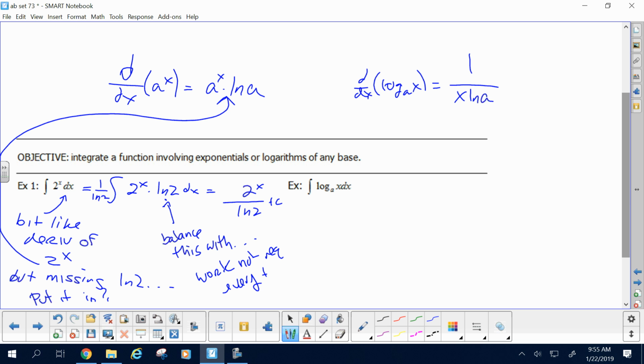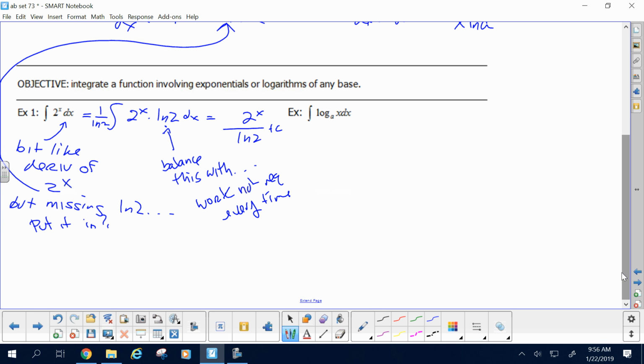That's the thought process, though, on the rule. Do I have a box for putting the rule down? The antiderivative of a to the x is a to the x divided by natural log of a plus c, as opposed to the derivative, which is a to the x times log of a. It's all like the power rule.